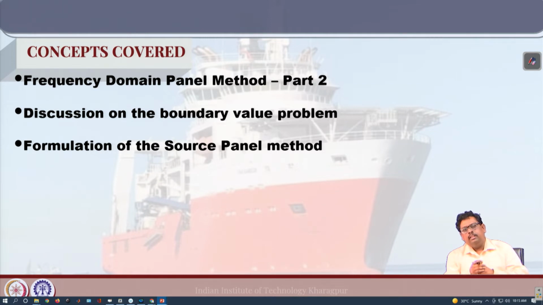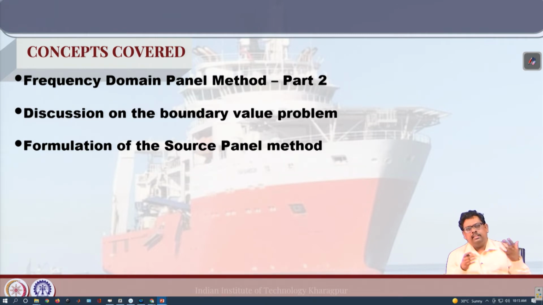Then, taking everything together, how to solve this, that we are going to discuss, and how the boundary value problem changes because of this, that also we are going to discuss. And then we are going to discuss something called the source panel method. Normally, in the previous classes we have discussed the source dipole method.